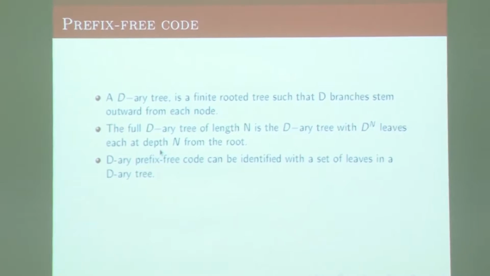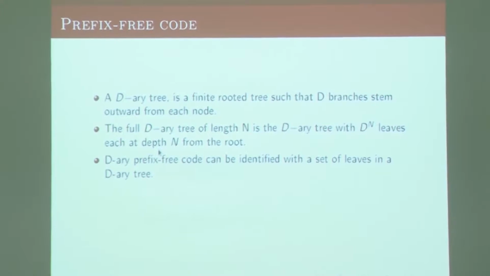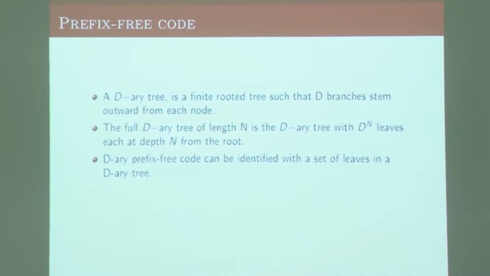What I am saying is, a prefix free code can be identified with a set of leaves in a D-ary tree. In a prefix free code, no code word is a prefix of any other code word.